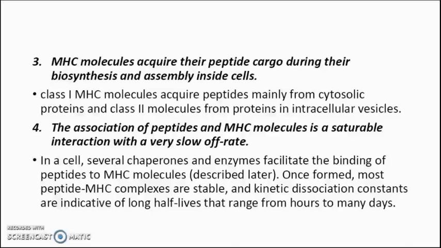In a cell, several chaperones and enzymes facilitate the binding of peptide to MHC molecule. Once formed, most peptide MHC complexes are stable, and kinetic dissociation constants are indicative of long half-lives that range from hours to many days.